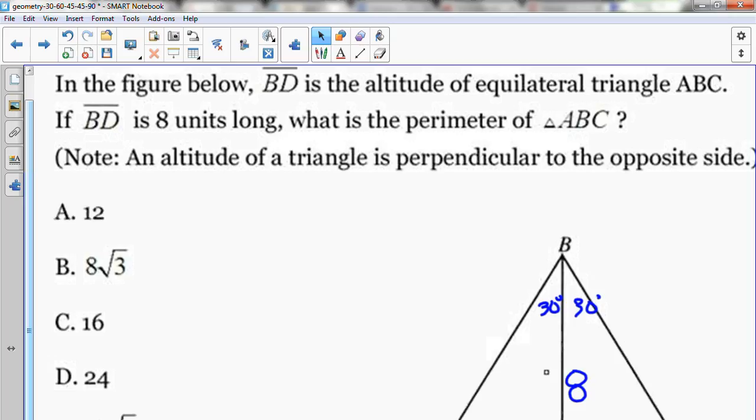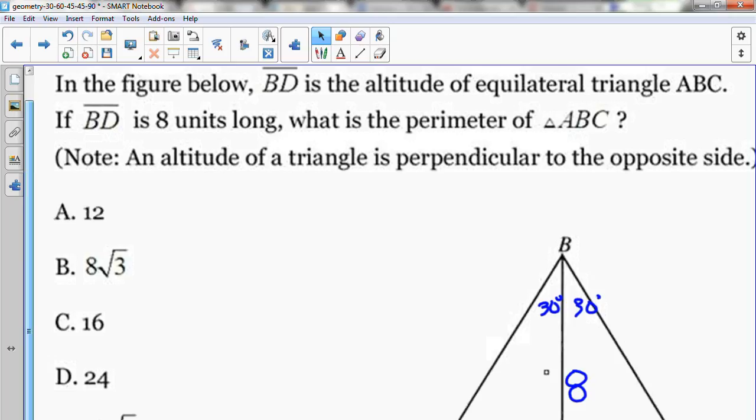Okay. So let's go from the long leg to the short leg. How did we do that? Divide by square root of 3. Okay. So that means my short leg is going to be 8 divided by square root of 3. Okay. Now you want to rationalize it. Okay. So this would be 8 square root of 3 over 3.